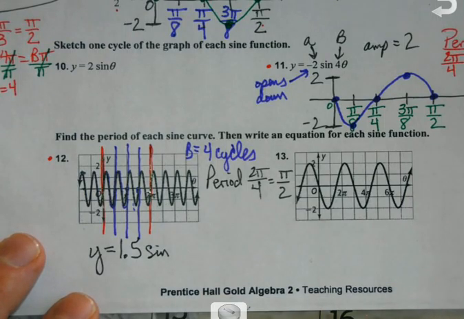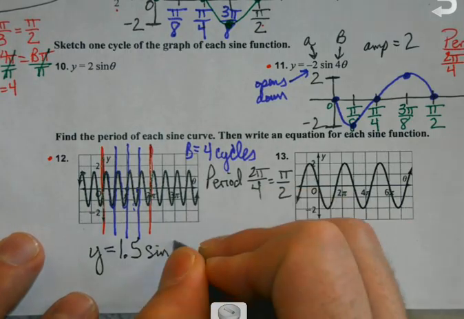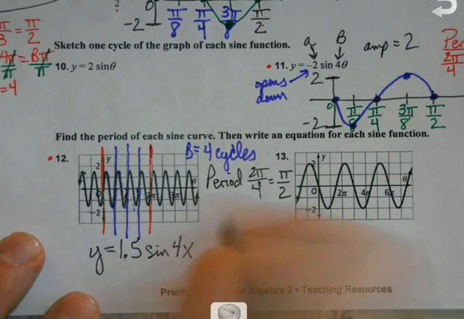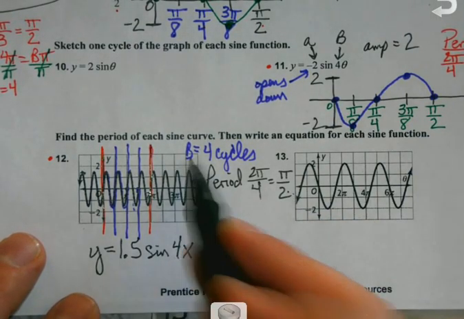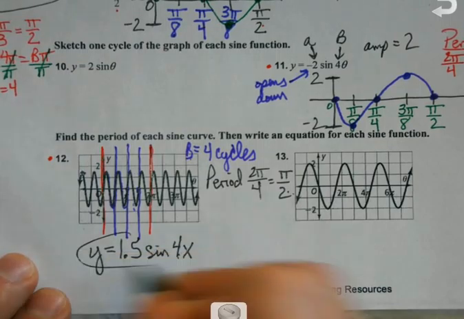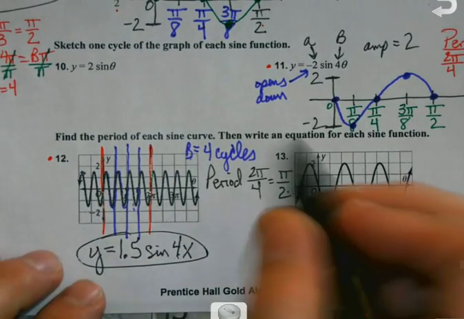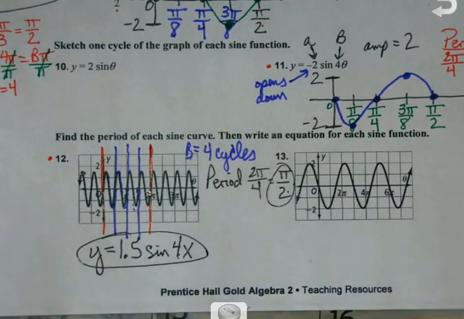Now, before I write something, remember, it's the b value you're using here for x. Don't use your period value here, okay? Because when I do the formula, it's my b value. So that's my formula. There's my period, and I'm good.